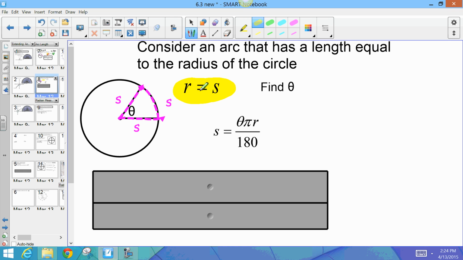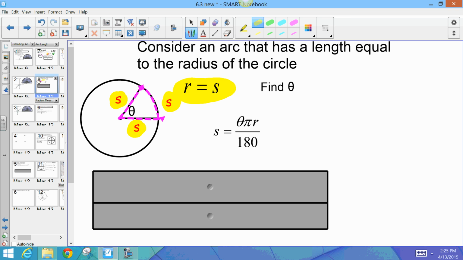No matter what that radius is, if we take that little portion of the circle where the radius is equal to the arc, what would be the measure of theta that would give us that arc, where the radius is equal to its length? In this picture, I have marked both the radius and the arc length S. They're all supposed to be the same. If that's the case, what's the measure of angle theta?